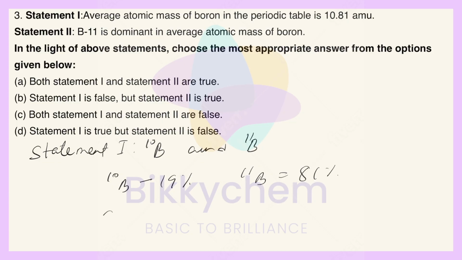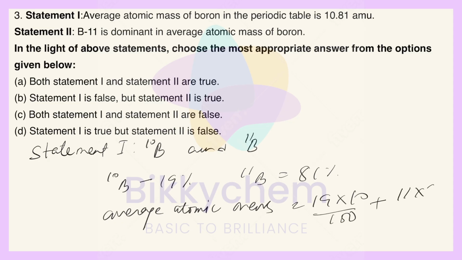So if I find the average atomic mass, it is 10 × 19/100 plus 11 × 81/100. If we calculate, we get 10.81.